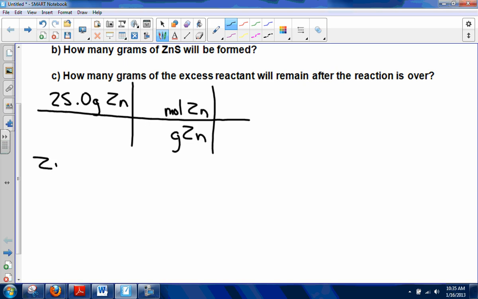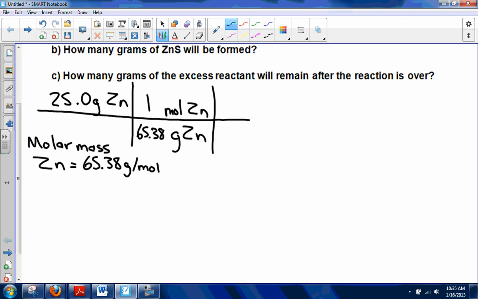So from the periodic table, the molar mass of zinc is equal to 65.38 grams per mole. Since it's touching the gram part, I'm going to write in 65.38 grams for every 1 mole.